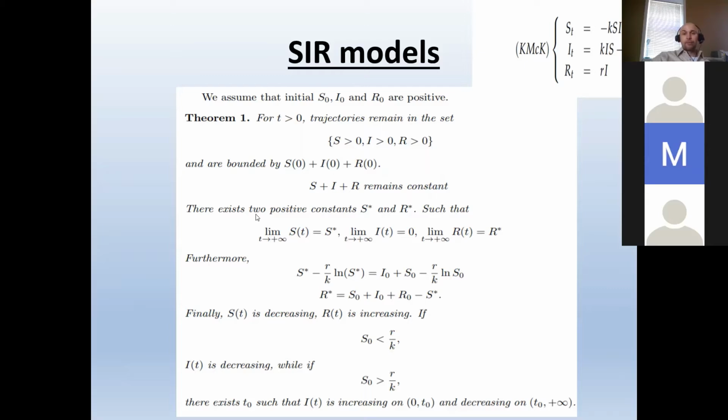Then there exist two positive constants, S star and R star, such that S of t converges to S star as t goes to infinity, I of t goes to 0, and R of t goes to R star. You also have to prove that.